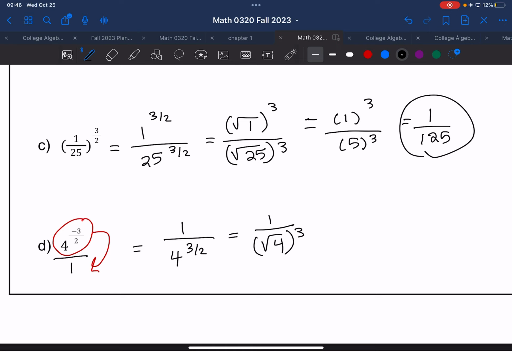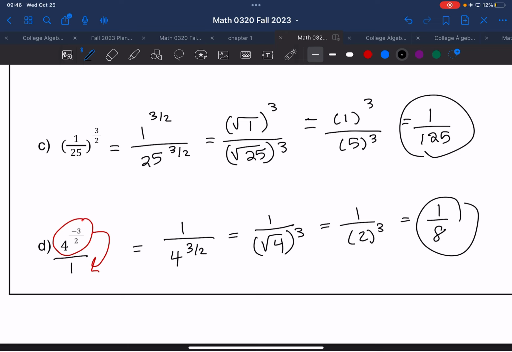Notice how I'm only doing this to the denominator because that's the only part being affected. So that means I have 1 over, what's the square root of 4? 2, and then what's 2 cubed? 8, because remember that's 2 times 2 times 2, so the answer is 1/8.